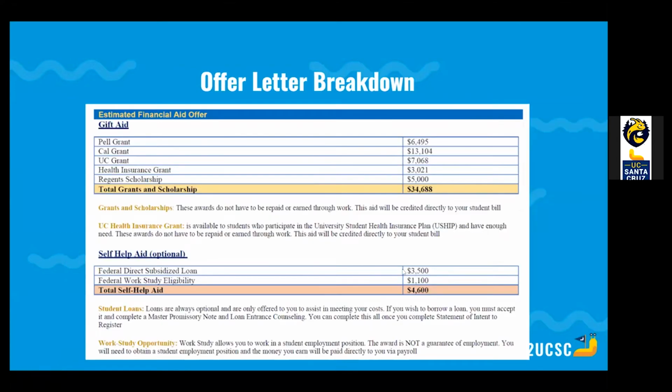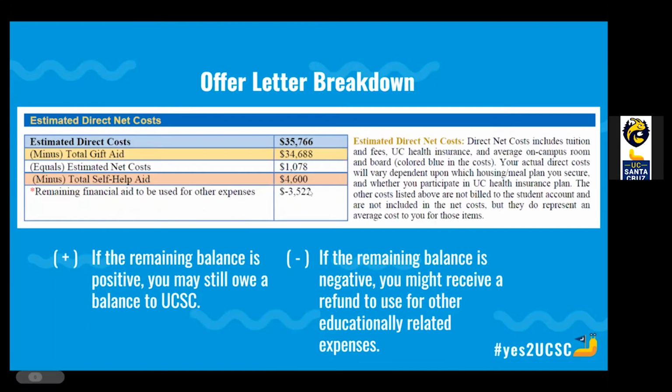You could borrow all or part of this subsidized loan to help you cover that cost. And then if you borrow more than what's needed to cover this balance, then you might receive a refund.